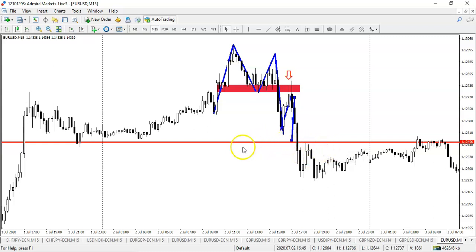And you could see this is a very strong support and resistance level, so it is advisable to take your first take profit from this level, and you could see how the market reacted to that level, right?